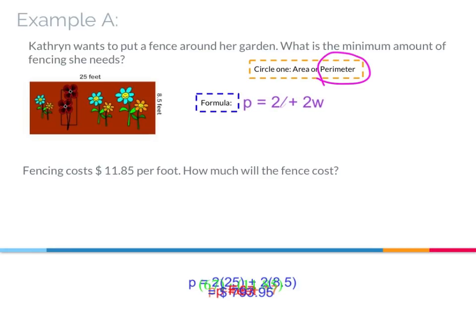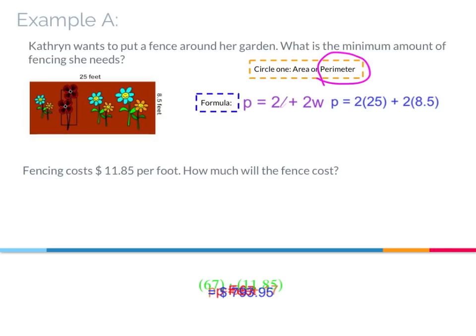Looking at my problem, I see that the 25 feet is my length and the 8.5 feet is my width. So I'm going to substitute it into my formula to get P is equal to 2 times 25 plus 2 times 8.5.